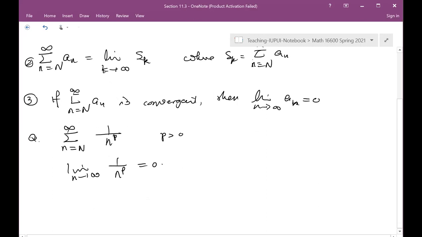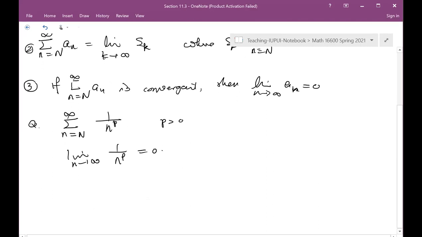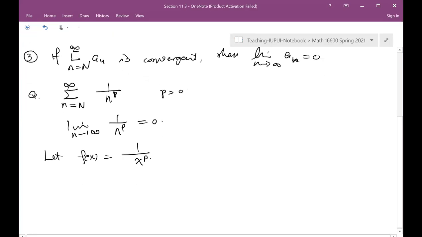Now, how do we check whether it's convergent or divergent? Here's an idea. I'm going to consider a function. I let f(x) be 1 over x to the power p.